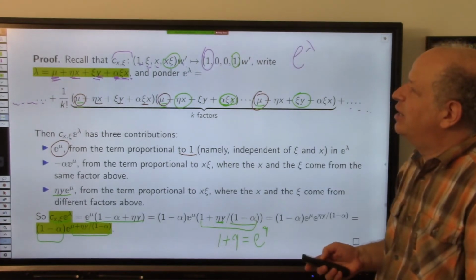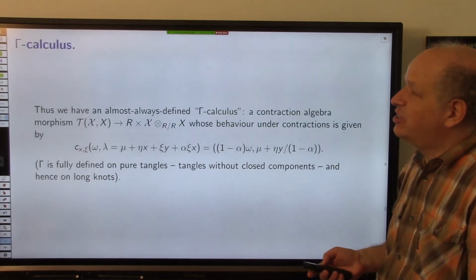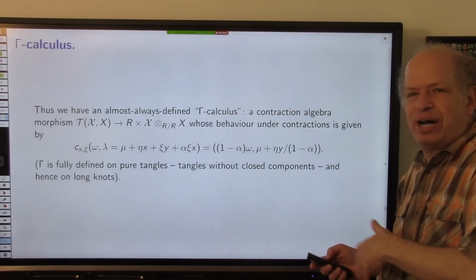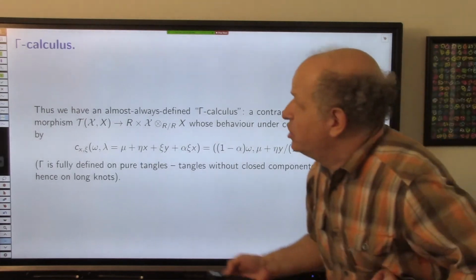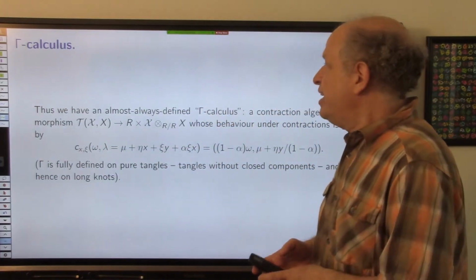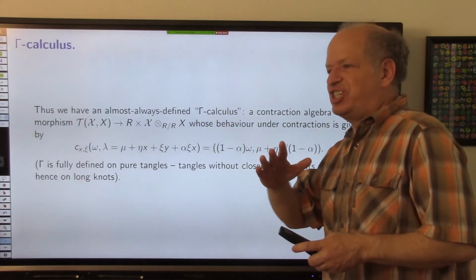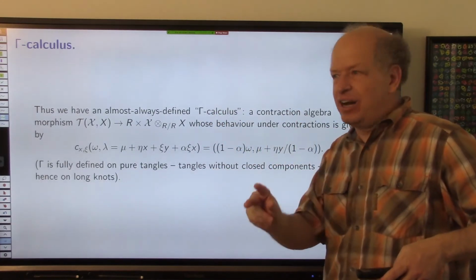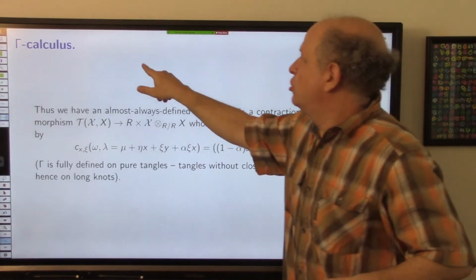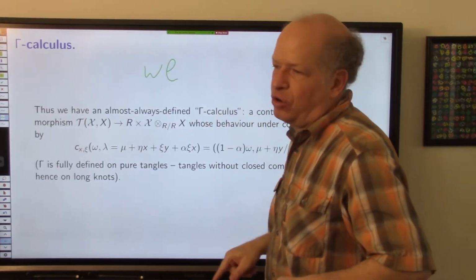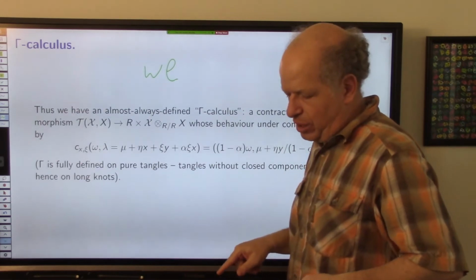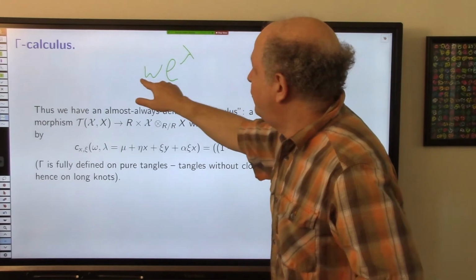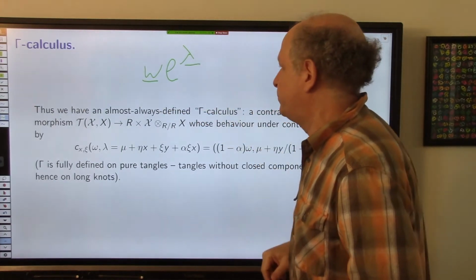So what's next? Therefore, like we had this A calculus, this Archibald-Alexander calculus, there is gamma calculus. So in gamma calculus, instead of saving the whole element in the exterior algebra, we only save the scalar term and the quadratic.